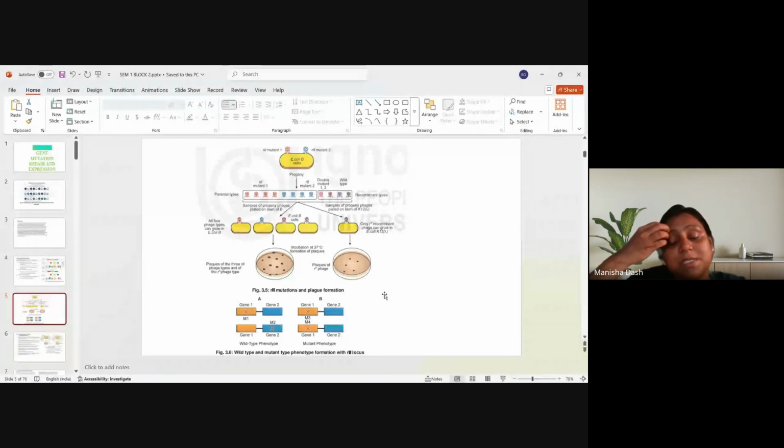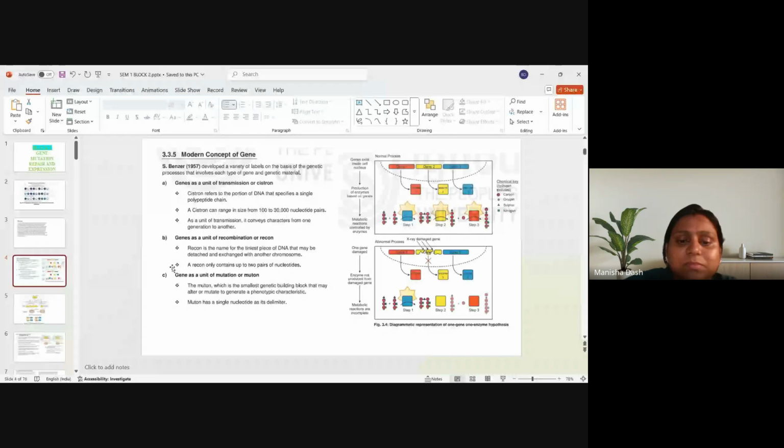So next comes the concept of gene, like we discussed here, the concept of cistron. One cistron actually represents a particular gene or a particular sequence that will be encoding a single polypeptide chain.